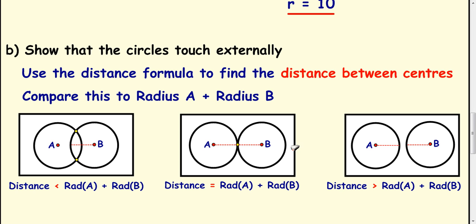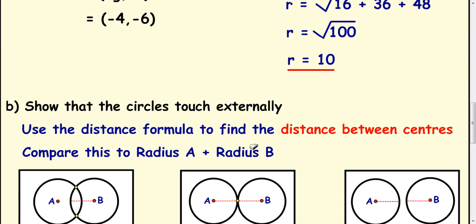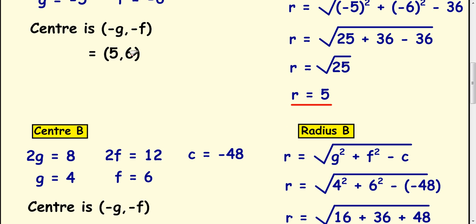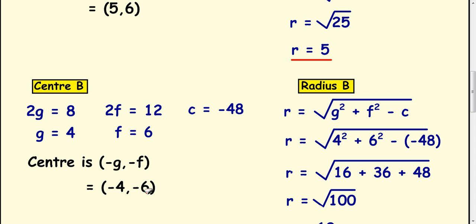They're the three main criteria here, and it takes a wee bit of common sense to think it through. So we have to use the distance formula once we've got the two centres, and then you just add the radiuses together. Our radiuses come to 15, so if we use the distance formula to find the distance between these centre points, 5, 6 and negative 4, negative 6, and it comes to 15, then the circles touch once externally.